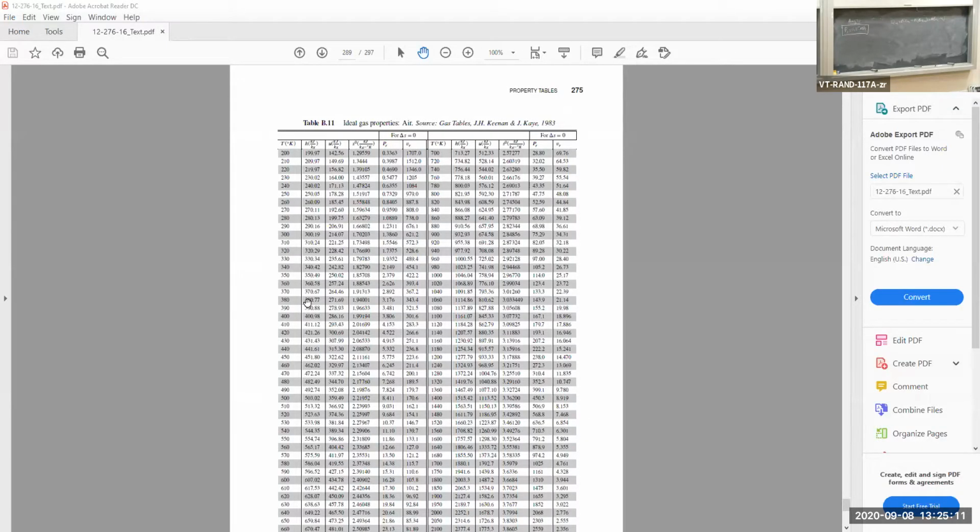Specific internal energy of air at 300 Kelvin is 214.07 kilojoules per kilogram. So let me write that down over here on the board. U2 is u evaluated at a temperature of 300 Kelvin, and that's 214.07 kilojoules per kilogram.